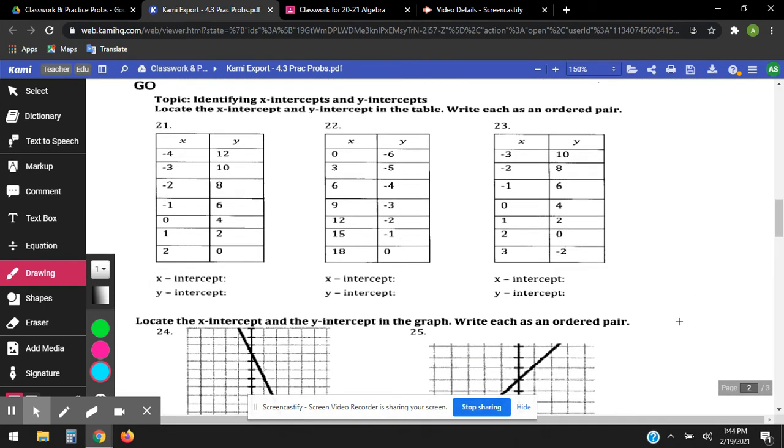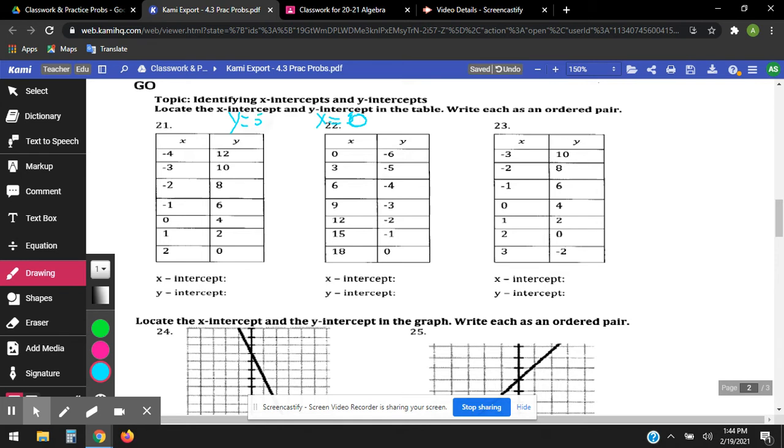All right. On this one, we have identify the x-intercepts and y-intercepts. So the x-intercept is when y equals 0, and the y-intercept is when x equals 0. So again, this should be review.